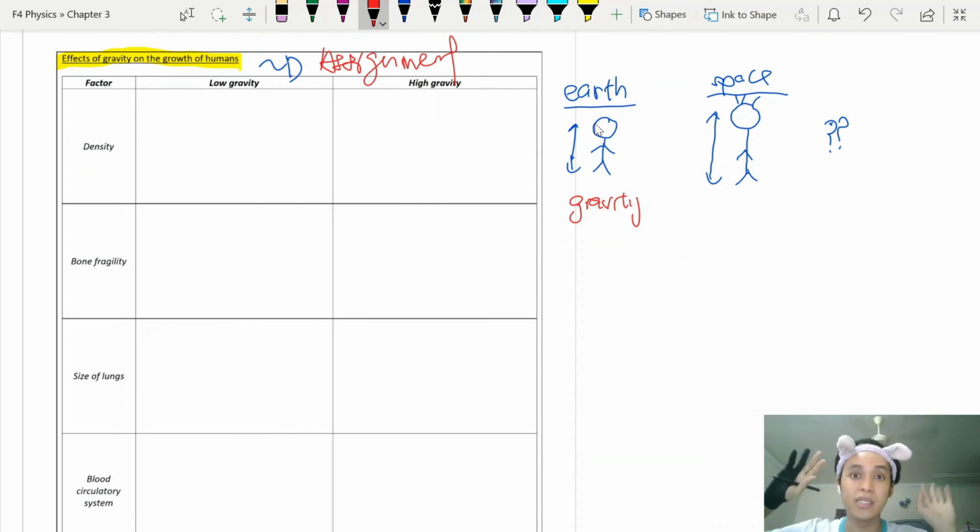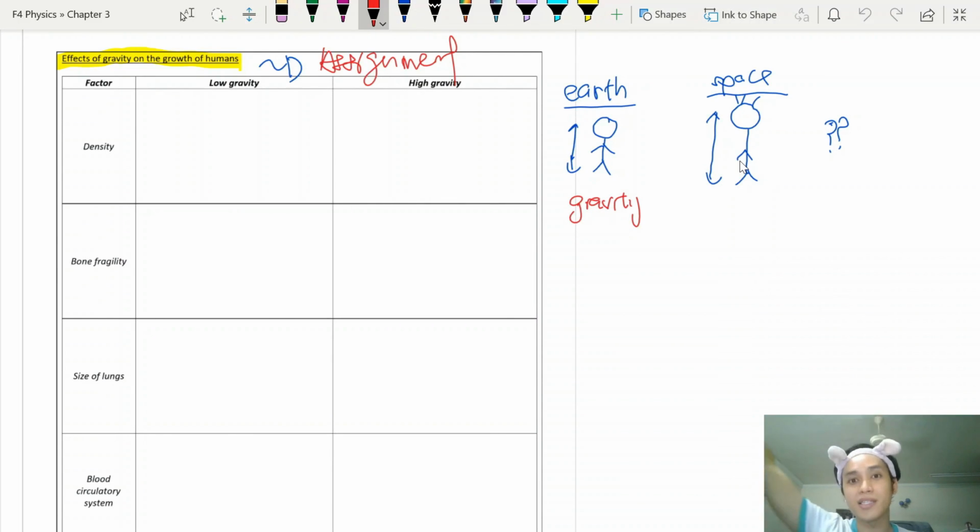The basic concept is like that. But when you're in outer space, because the gravity is not that strong, your bones will actually elongate more compared to on Earth. But this is only when you are in space for a very long time, and of course it doesn't suddenly elongate that you become like Jack and the Beanstalk. No. Your height will increase by a few centimeters, not by a few meters.